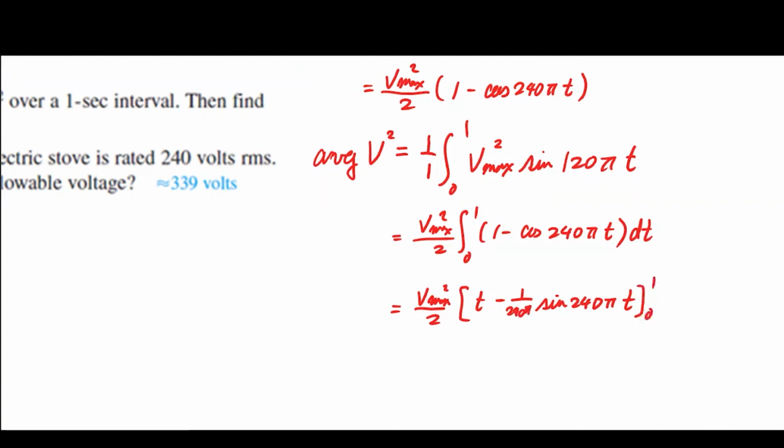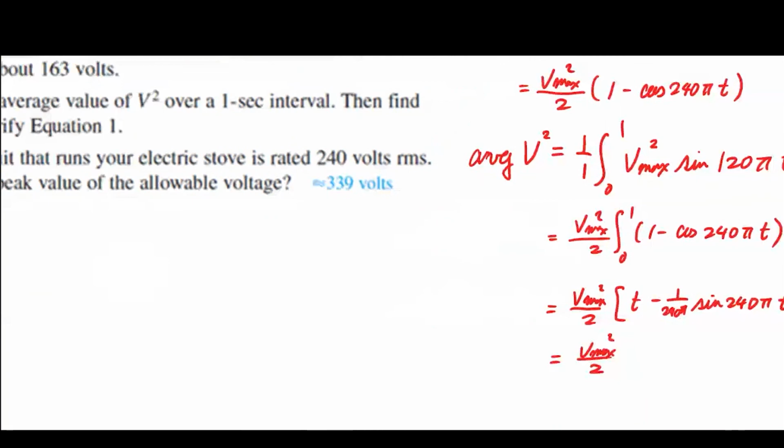This average is what they are calling V RMS. V RMS is really what they mean by the average of V squared, okay? And that is V max squared over 2. Good. Now we have to find V RMS.